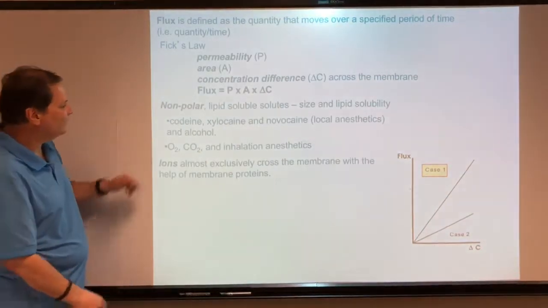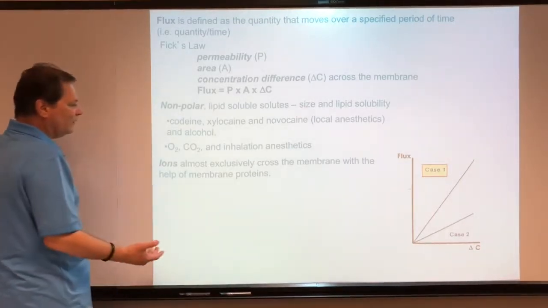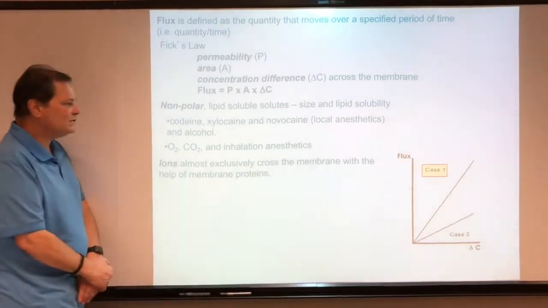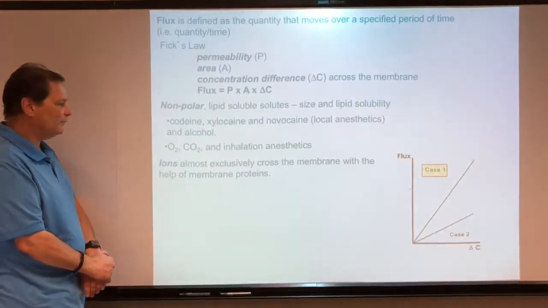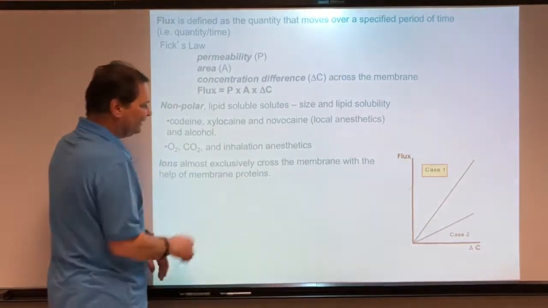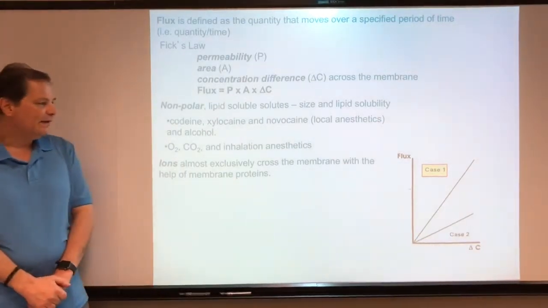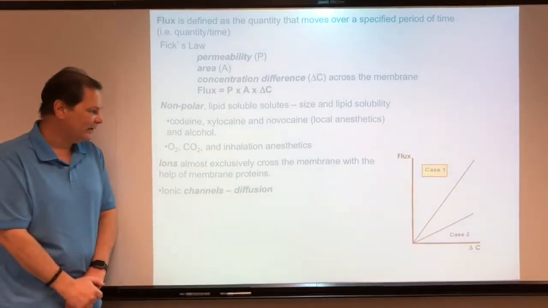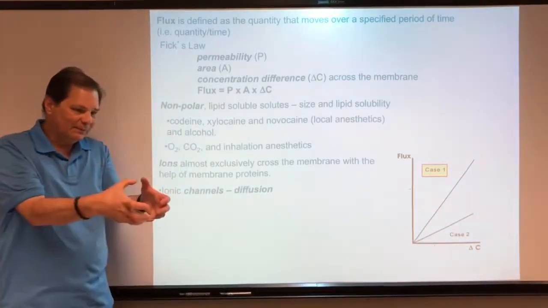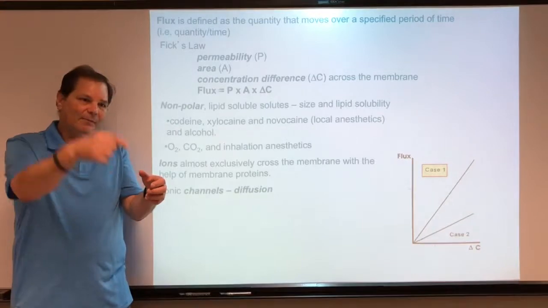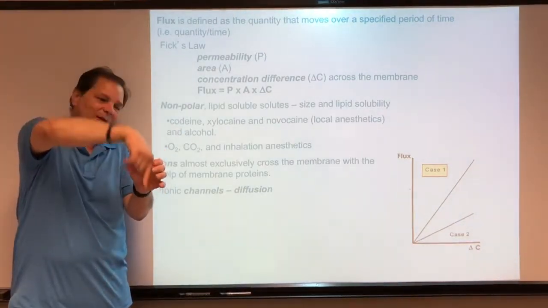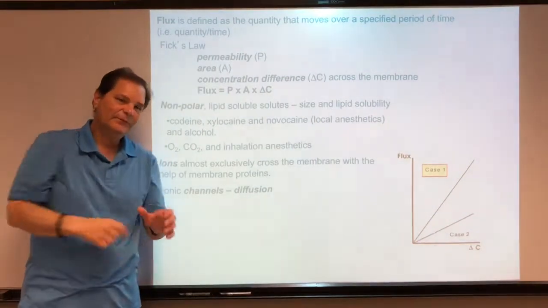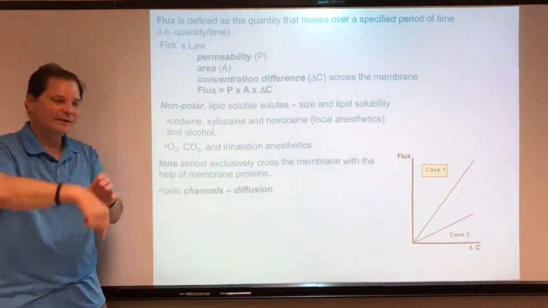And so these non-polar substances are different from the polar substances, and in particular they're different from ions, which are not that lipid soluble, and therefore they need the help of membrane proteins to get across the membrane. And the most obvious example of this is the case of ion channels, where you have a protein embedded in the membrane, and it has a channel in the middle of it so that ions can get through the channel from one side of the membrane to the other side.